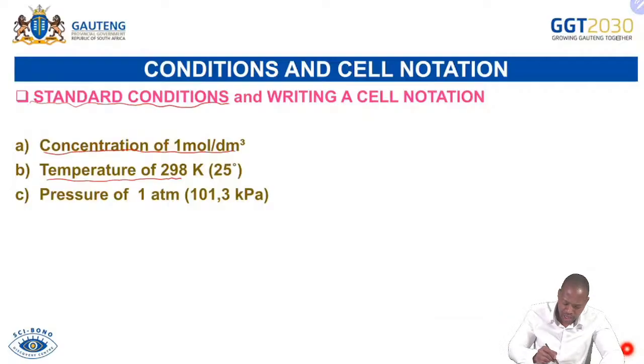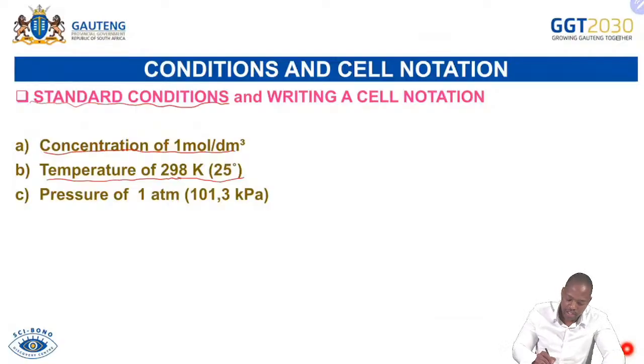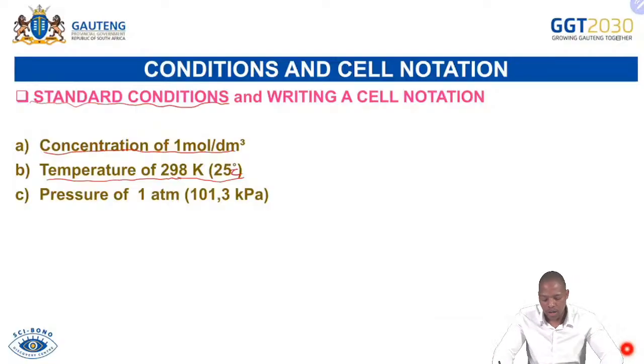From grade 10 and even grade 11, you'd remember that 298 kelvins is the same as 25 degrees Celsius. I should have written Celsius here, right? Okay, 298 Kelvin, 25 degrees Celsius. So you can choose one of the numbers to use. If you're going to stick to 25, stick to 25. If you stick to 298, stick to 298. Choose one, stick to it. No need for you to confuse yourself between the two.